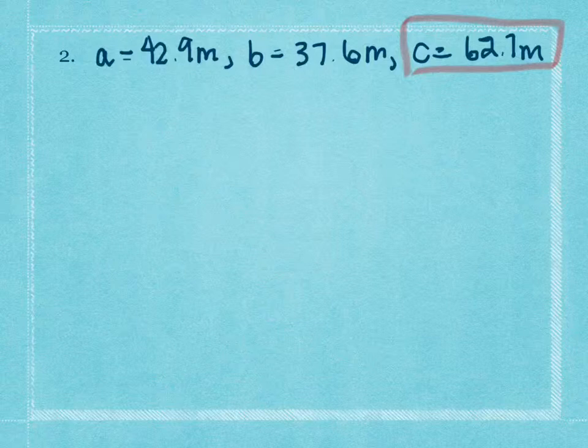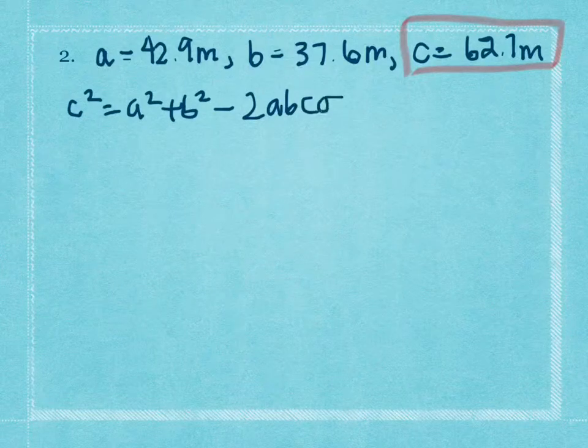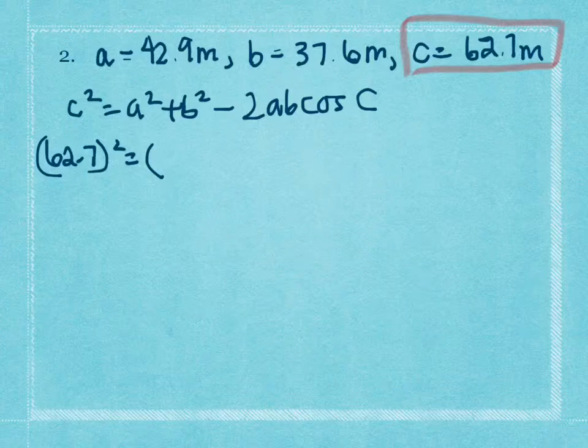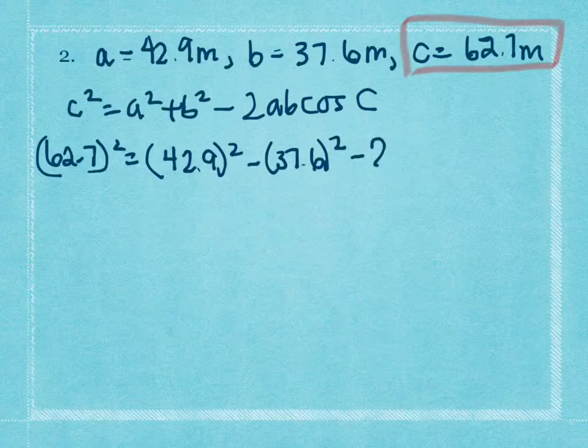All right, so I've got C squared equals A squared plus B squared minus 2AB cosine of C. That's the one I'm going to use. I know C, it's 62.7, then squared equals A, which is 42.9 squared, plus B, which is 37.6 squared. Is that plus or minus between the A and the B?